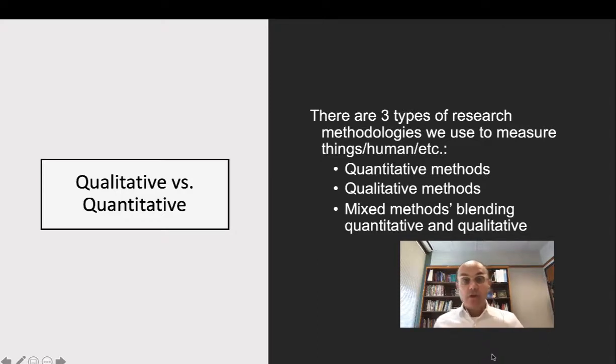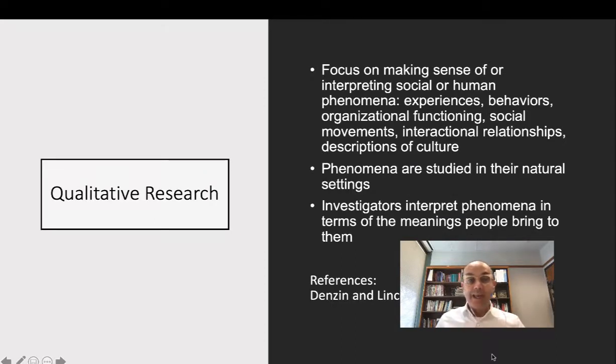I'm sure that most of you will do the same thing in your own work or as you continue your education. So basically, we have quantitative methodologies, qualitative methodology, and mixed methods that combine those two together.